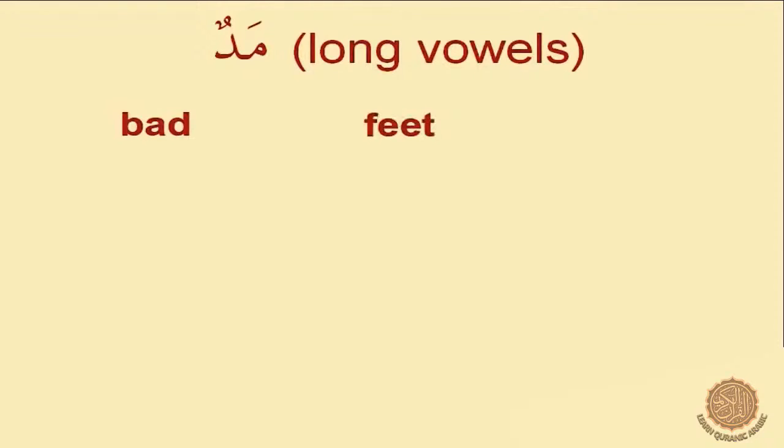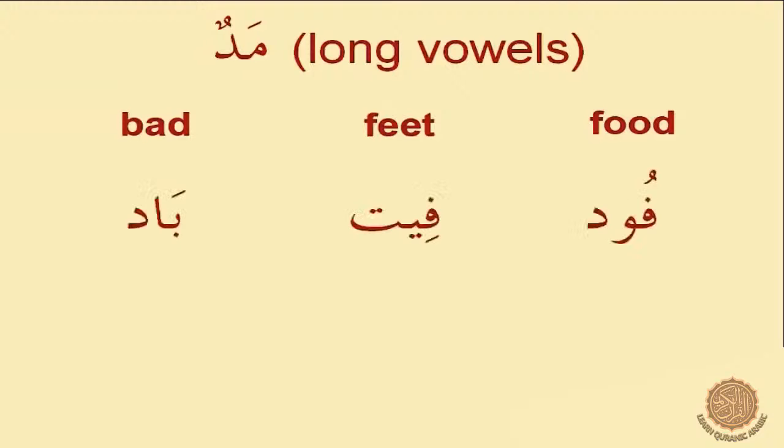We don't say fit, we say feet. There's an elongation of the E sound. And also the word food. We don't say fud, we say food. So there's the elongation of the U sound. Now if I transliterate this into Arabic, I get the following.